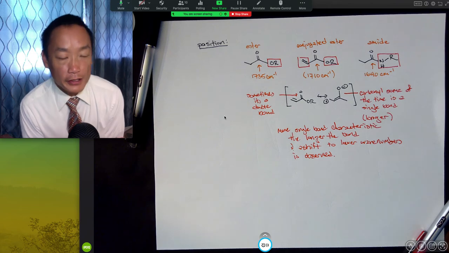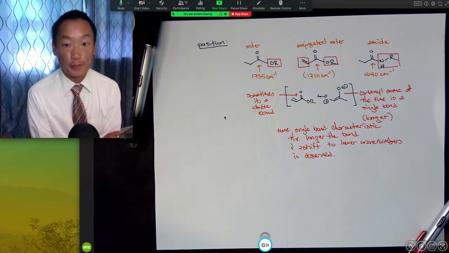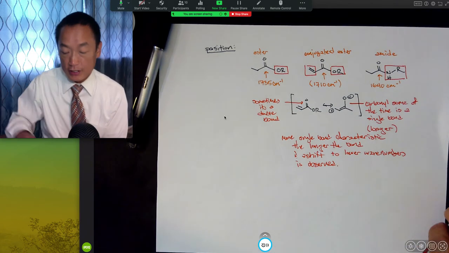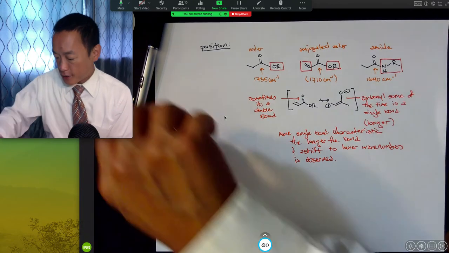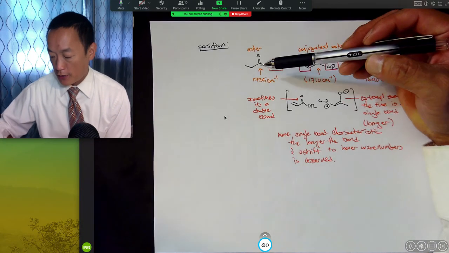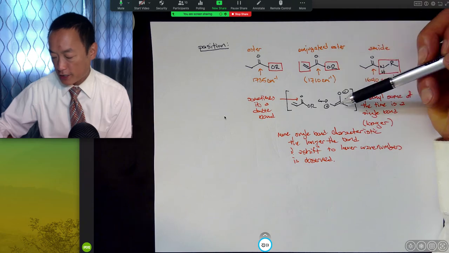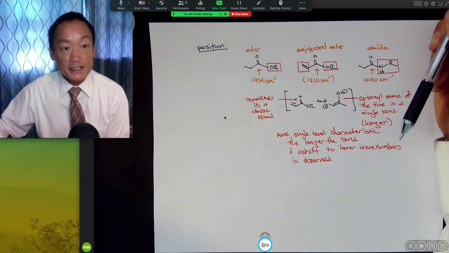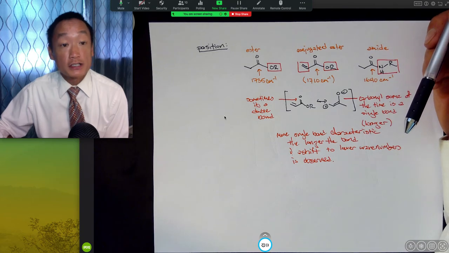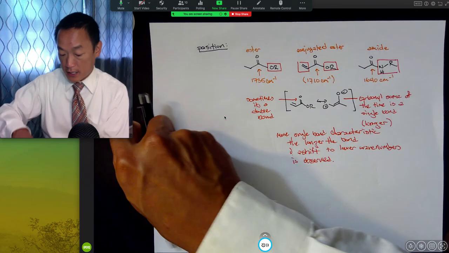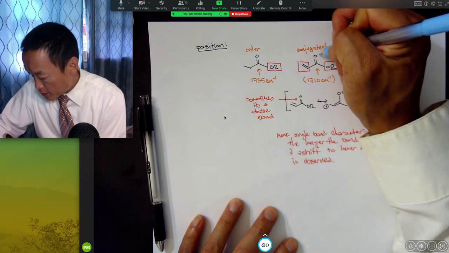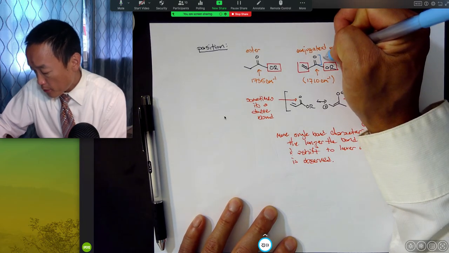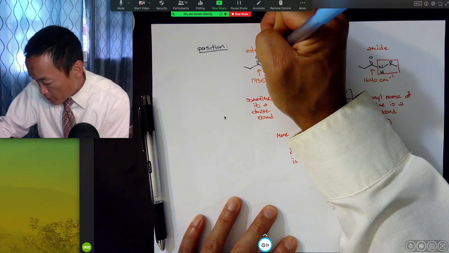Well, I know that we just kind of came up with a rule based on observations that we found. Here's a C double bond O, and then here's a C double bond O that could exist sometimes as just a C single bond O. And that difference results in a different length in bond. This distance here is going to be a little bit bigger than this distance here.